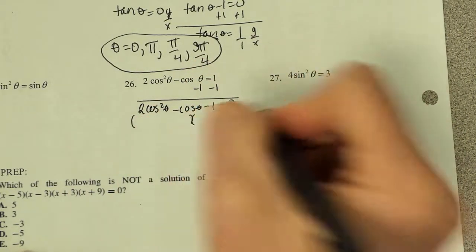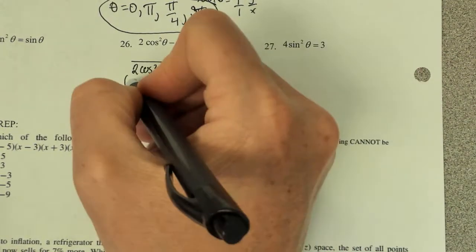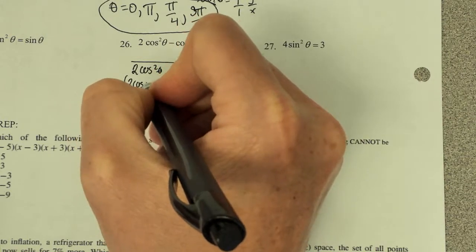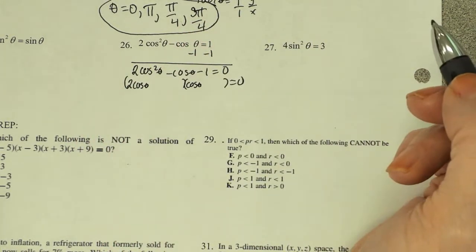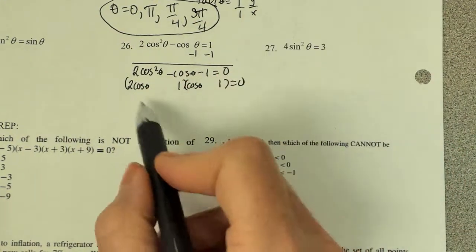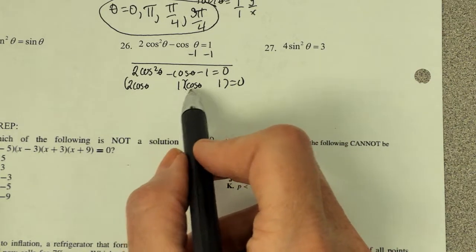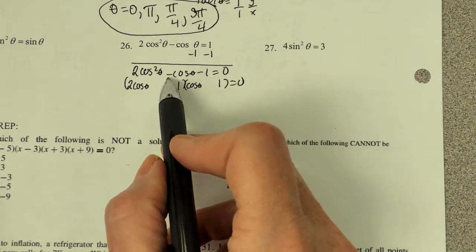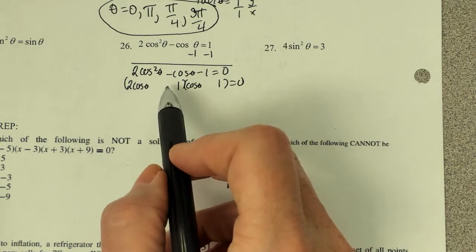Now we have to set up our double parentheses to factor. 2 cosine theta times cosine theta would equal 2 cosine squared theta. Now I look here, 1 and 1. My outers give us a 2 cosine theta. Our inners give us a 1 cosine theta. We want to get a negative cosine theta. So we have to think, how do the signs go?